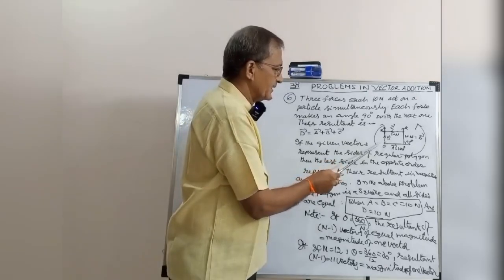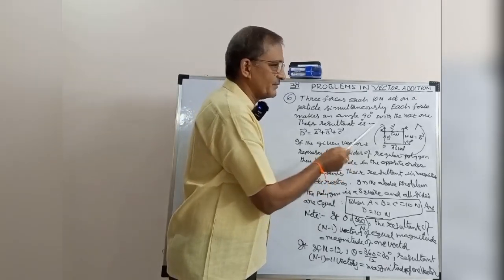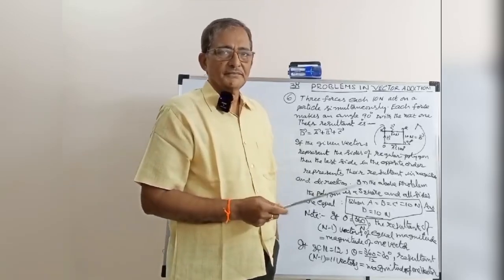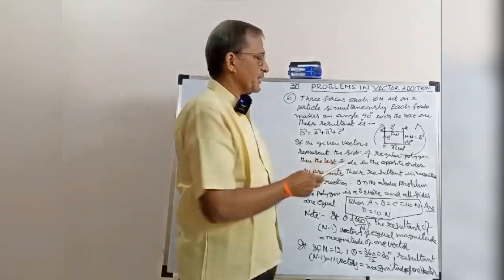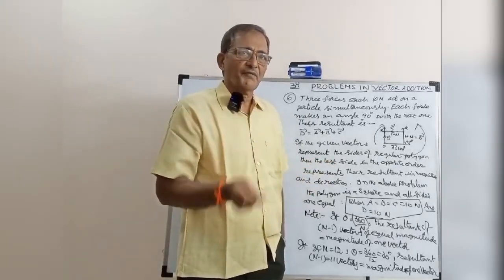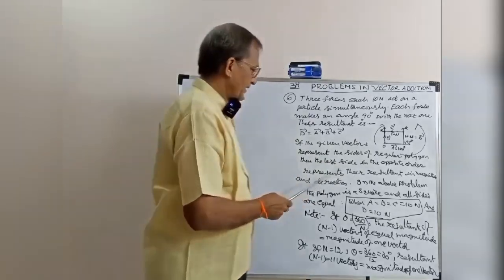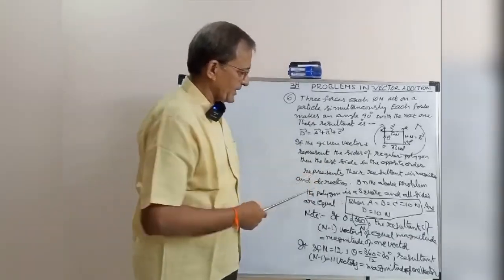Because the resultant is one of the sides of the square, its magnitude is also 10 Newton. That means, in this situation, the resultant of three forces is equal to one force. And in the next example, let us take more numbers.